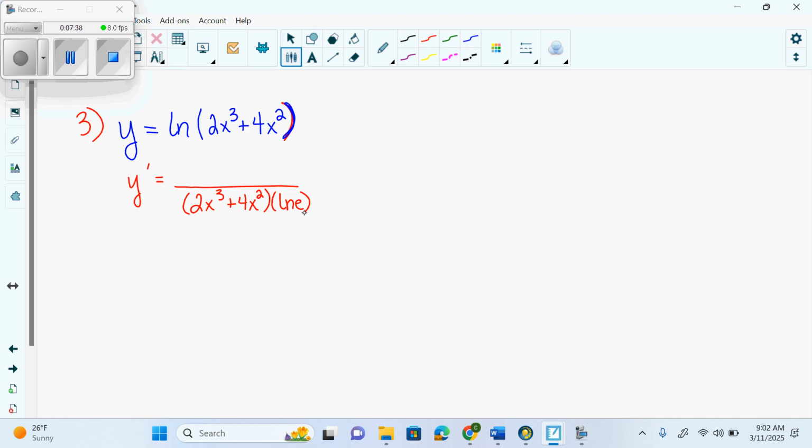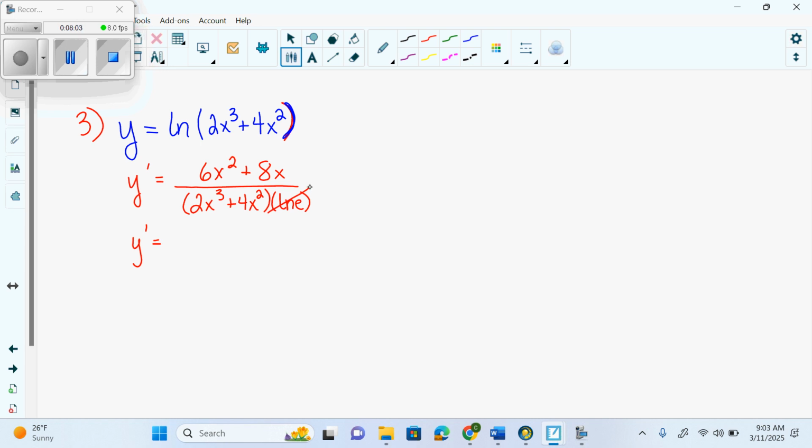So what's the derivative of 2x cubed? 6x squared plus 8x. And then we get y prime equals, we can do what to the top?